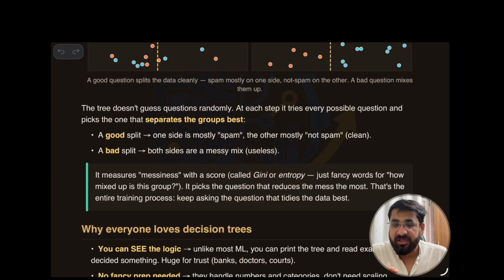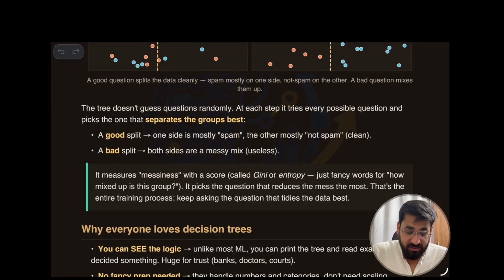If you forget the name, no issue, but Gini is a very popular name. We will discuss that. It measures how mixed up the group is, the degree of mixing. How mixed the group is, is measured by one quantitative term called Gini.